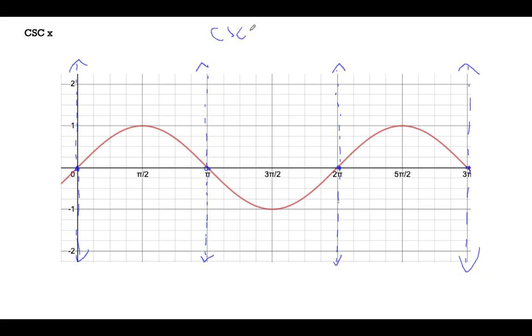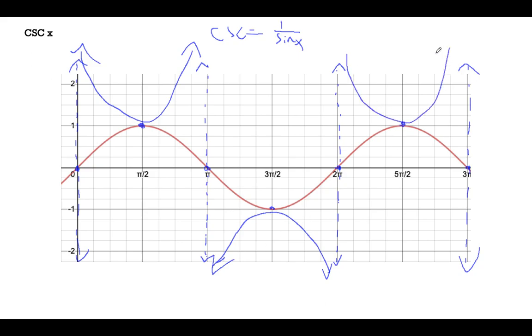Cosecant equals 1 over sine of x. So again, when sine of x is 0, well, we can't have a value for cosecant. It's undefined, so we have our vertical asymptotes. Then here, we use the idea of reciprocals. It's just going to be more U's going up, and when it's negative, going down and up.